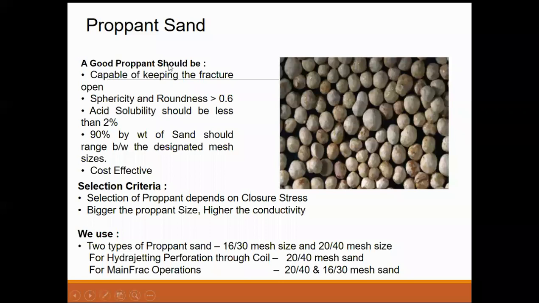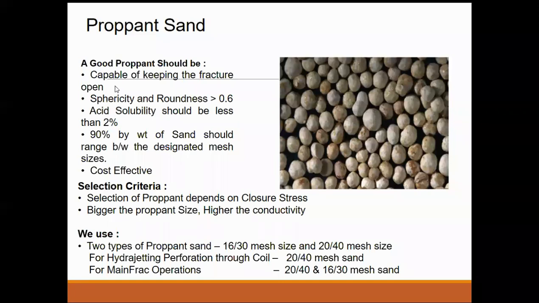What should be the characteristics of a good proppant? It should be able to keep the fracture open. When the fracture is closing, it will put a lot of stress on the proppant that you have placed. So the proppant should be able to withstand that pressure or stress and should not crush, because if the proppant crushes, it will generate fines which may also cause plugging of the perforations or the fracture that you have created.